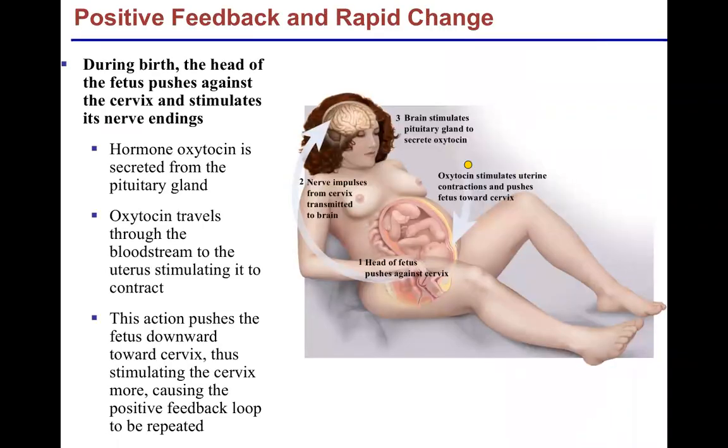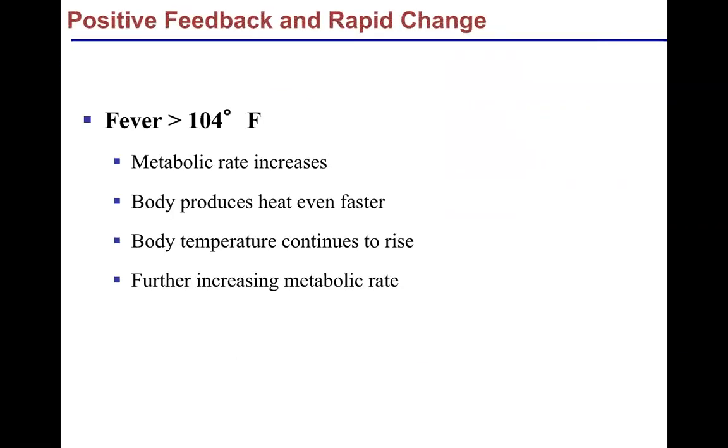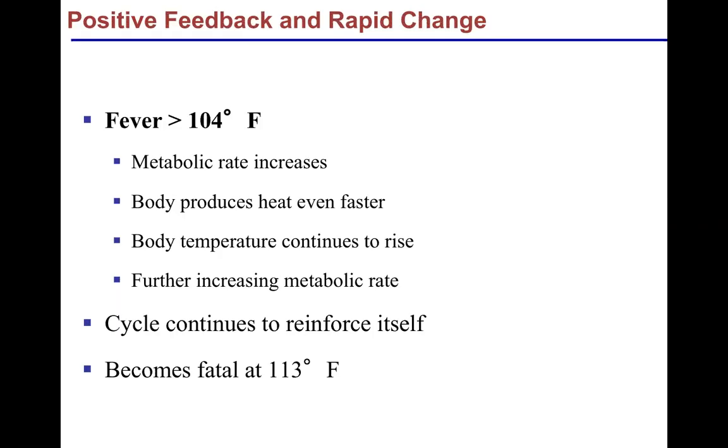And this we did right now. This positive and rapid change is just an example to show you how fever is again an example of a positive feedback loop. Whenever there is an increase in the metabolic rate, the body produces heat even faster, and body temperature rises.